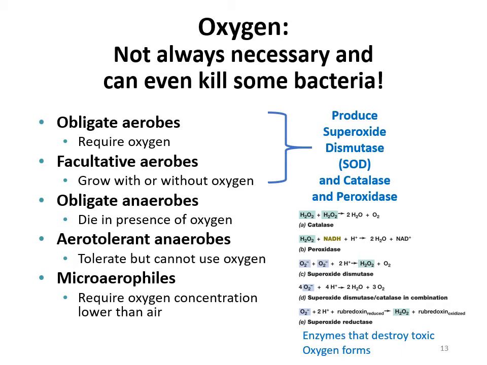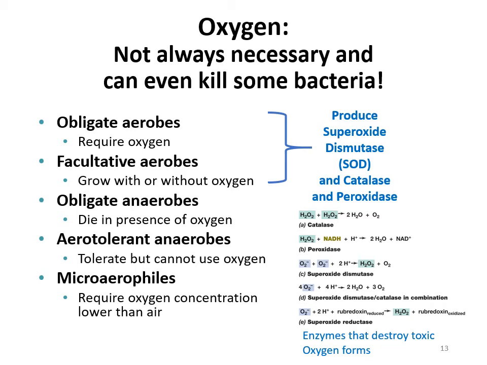So if I'm a cell and I can produce that enzyme, then I can make the atmosphere safe for me. Any of the ones that can do that can survive atmospheric oxygen, and they are called aerobes, either obligate or facultative. If, however, a bacteria cannot produce that, it is called an obligate anaerobe, meaning it requires a lack of oxygen.